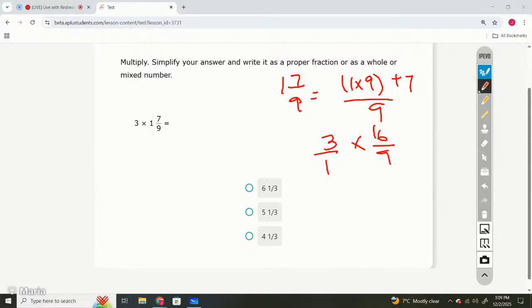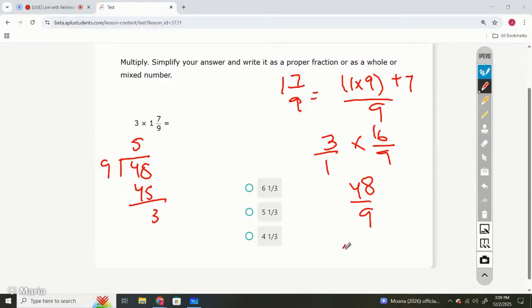Now 3 by 1. 16 times 3 is 48 over 9, right? So let's just divide. 9 times 5 is 45. We have 3 here.